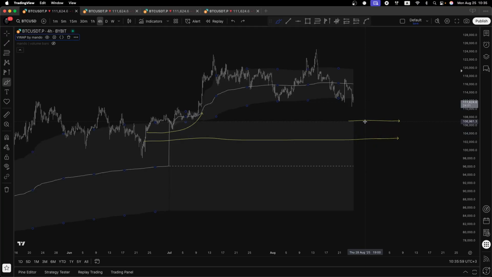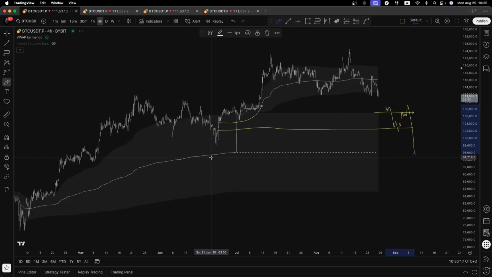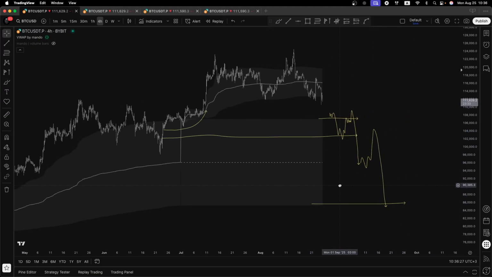Now, the bear scenario would be price to come back below, bounce, reject into quarterly value, previous quarter value high, and rotate back lower towards 96k, which could potentially give us a small bounce, and reject once again towards previous quarter value low.